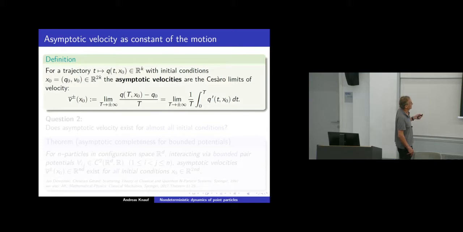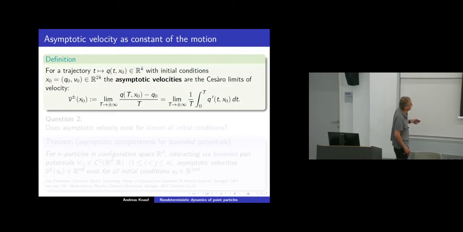If for some initial condition x naught you have position q in some R^k for some dynamical system, maybe mechanical, and if you then look at the Cesàro limit of the velocity, so of q prime, then this is the mean integral in the limit of time going to infinity. And you can, of course, write this like this if you want.